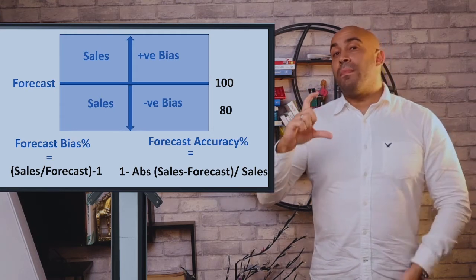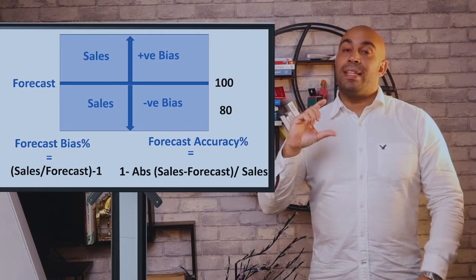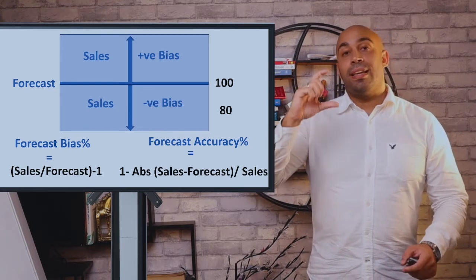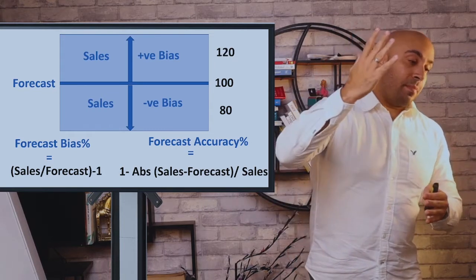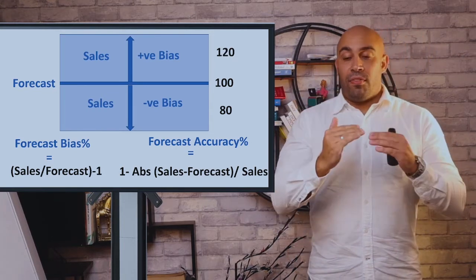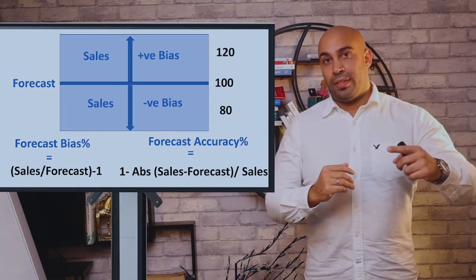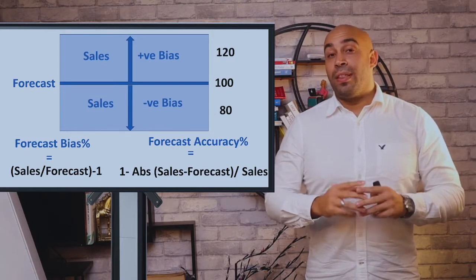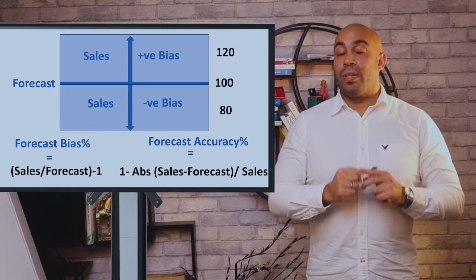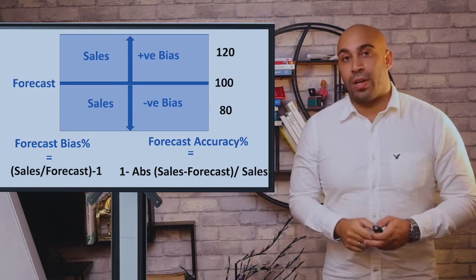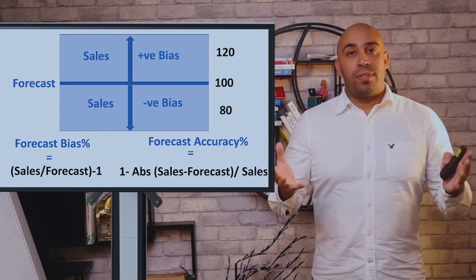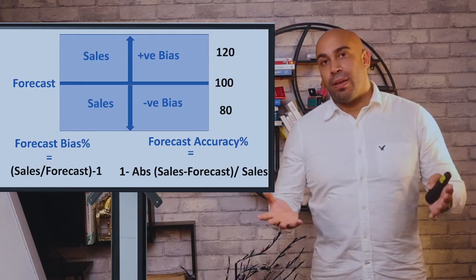At the same time, my error, which is the difference between sales and forecast, is equal to 20 cases. In the same manner from the other side, if I sold 120 and my forecast was 100, then my absolute error will also be 20, because it is 120 minus 100. So both ways have the same error.